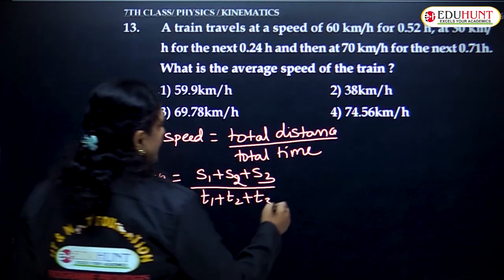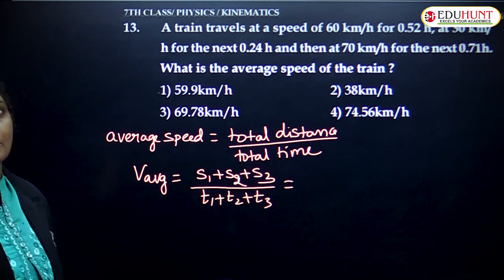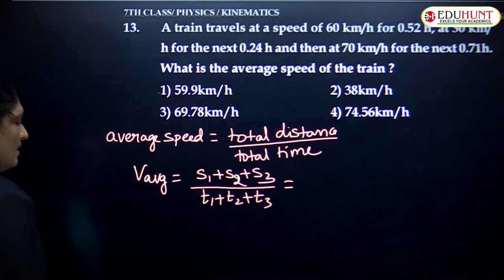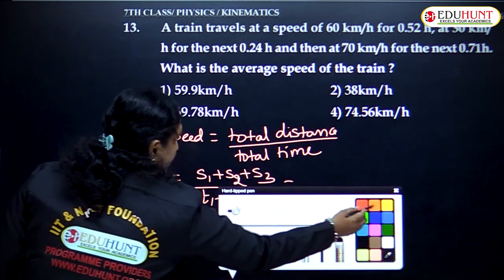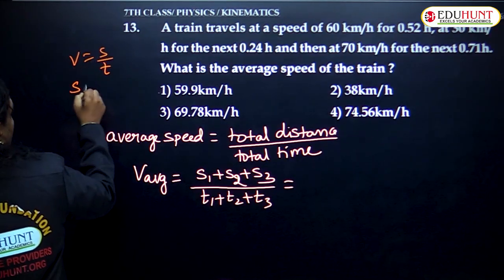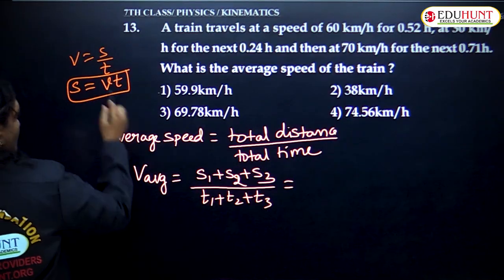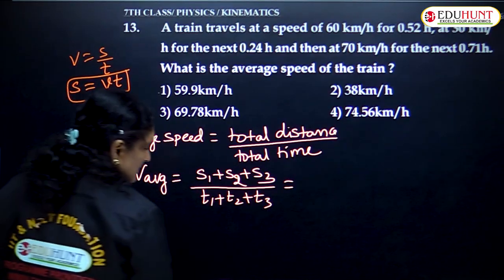Nowhere the distance S1 or S2 or S3 is given. But we know this formula that speed equals distance by time, so distance can also be written as speed into time. So instead of S, we can replace it with Vt.